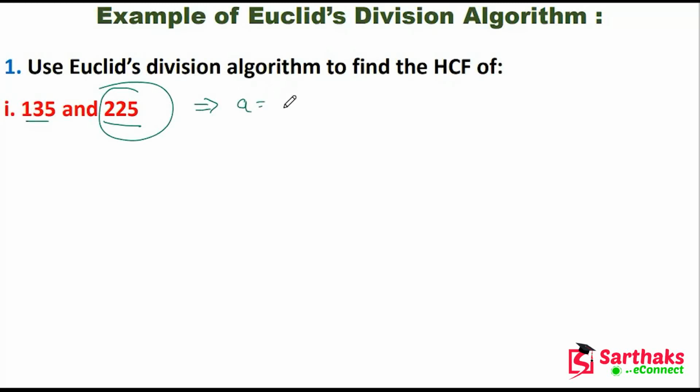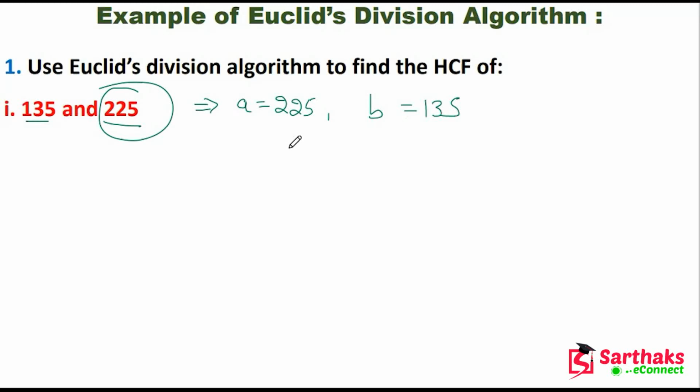So a equals 225 and b equals 135. As you can see from the question, 225 is greater than 135.